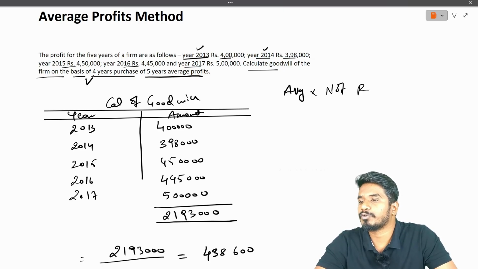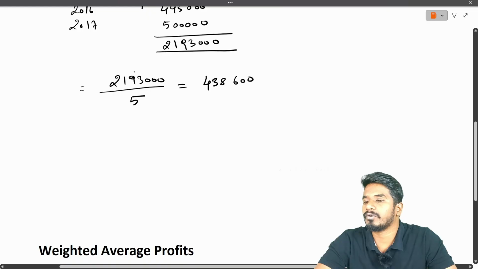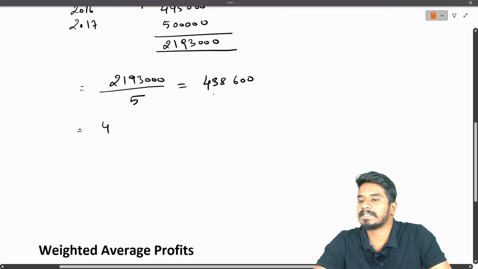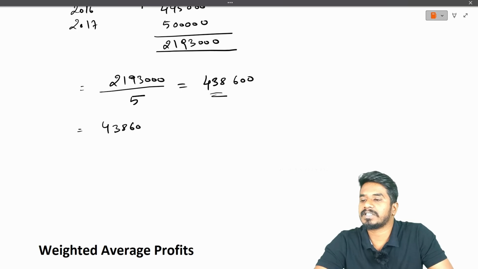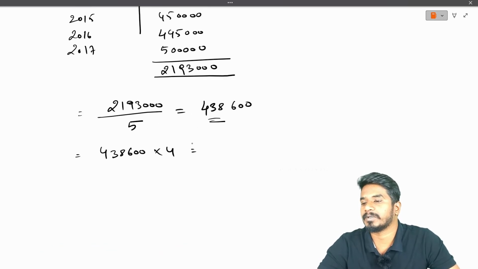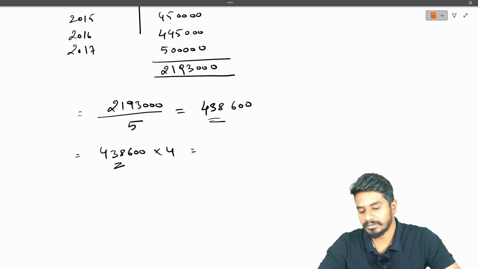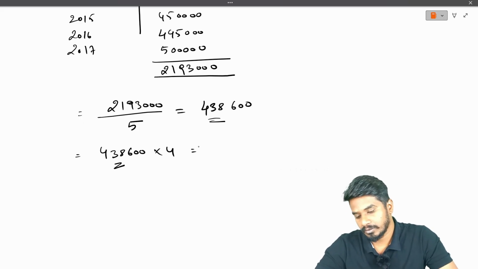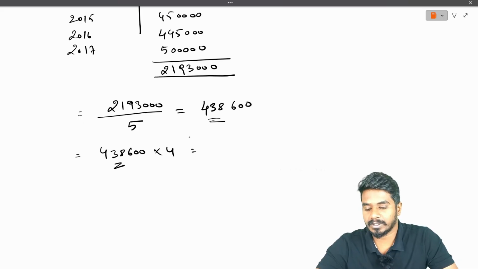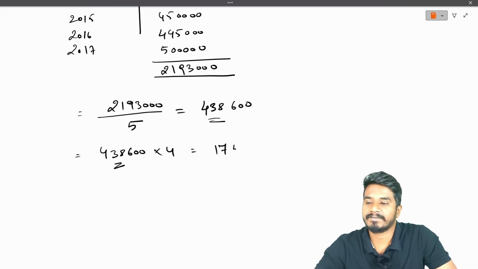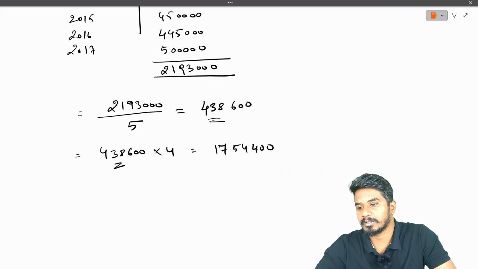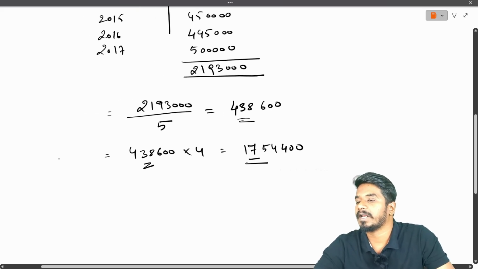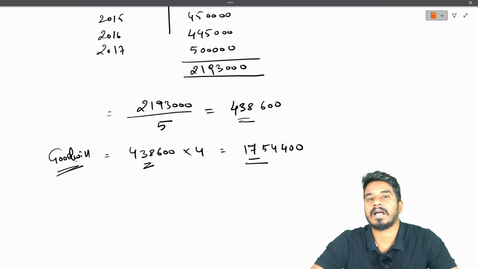For the firm on the basis of 4 years purchase, average profit 4 lakh 38,600 into 4 years of purchase gives us 17 lakh 54,400 rupees, which will be your goodwill. This is how you calculate goodwill under the average profit method.